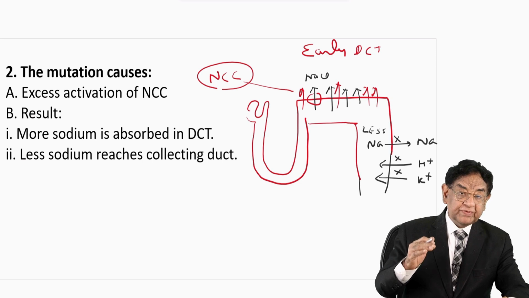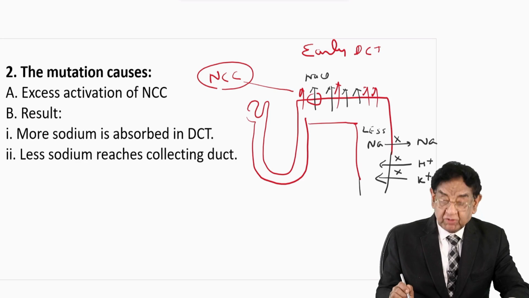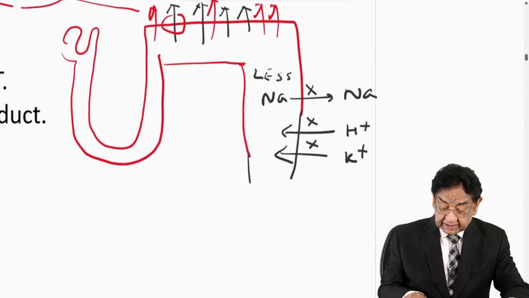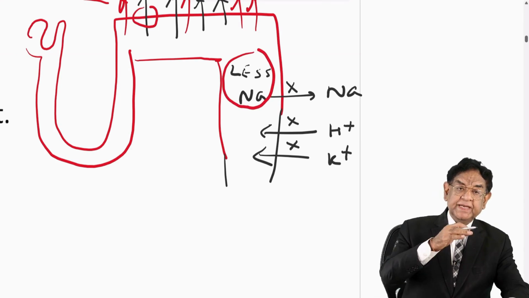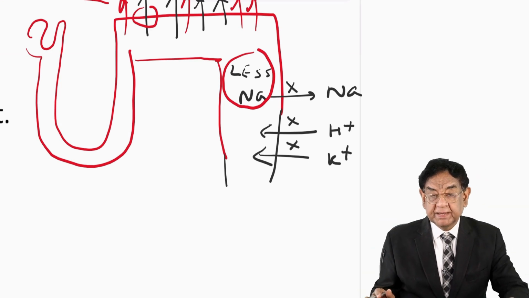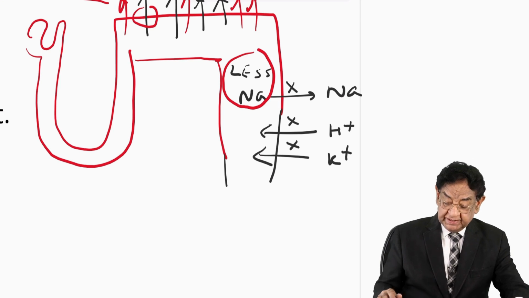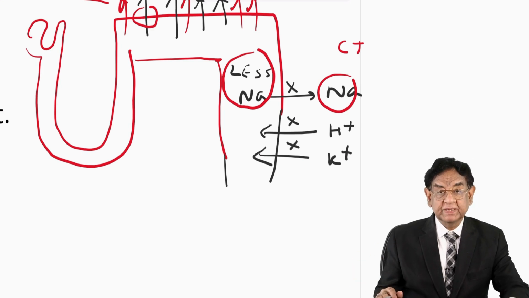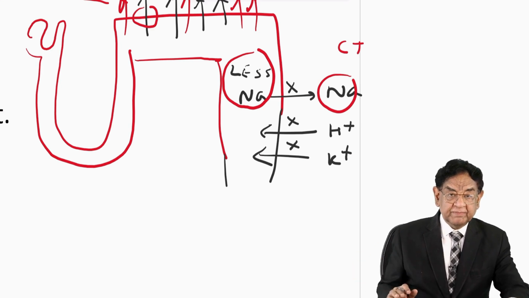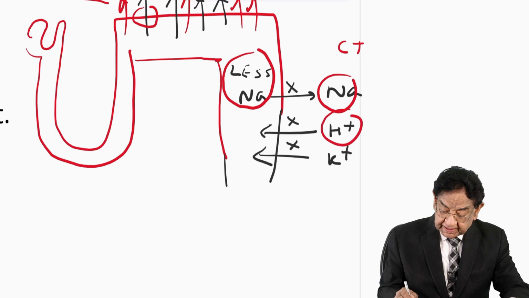If excess NaCl is getting absorbed here only, the amount of sodium reaching the collecting tubule is much less. Majority has already been absorbed at the early part of DCT. Now less sodium is there. So definitely when less sodium is there, less sodium will be reabsorbed in the collecting tubule, obviously. If sodium is not coming in, definitely H ion will not be secreted out.